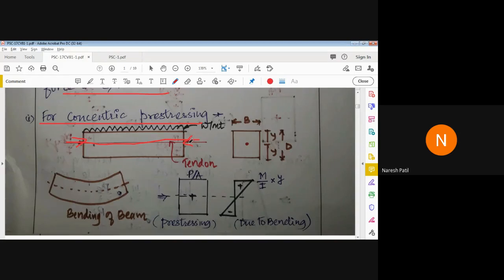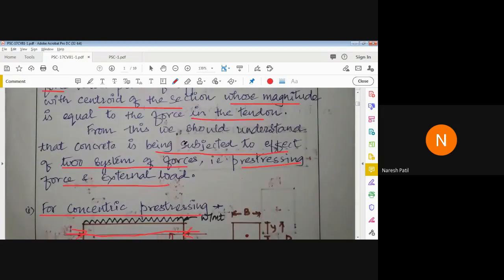Do you understand what the stress concept is? When the cable is stretched and it is released from the ends, it will transfer the compressive force in the section. So the section will be subjected to two systems of forces: one is the pre-stressing force and one is the external load.